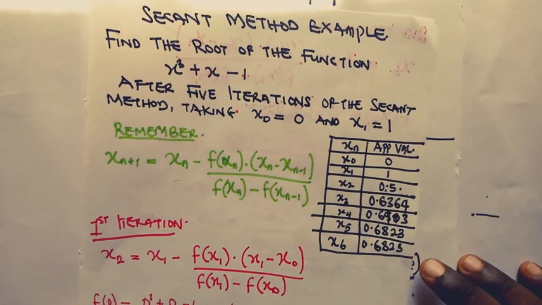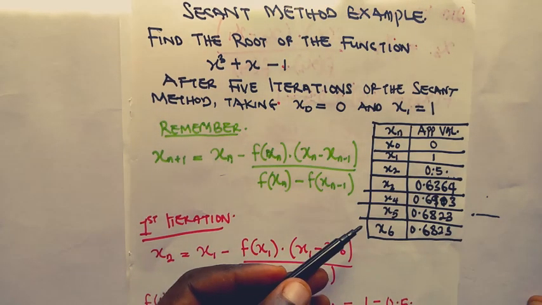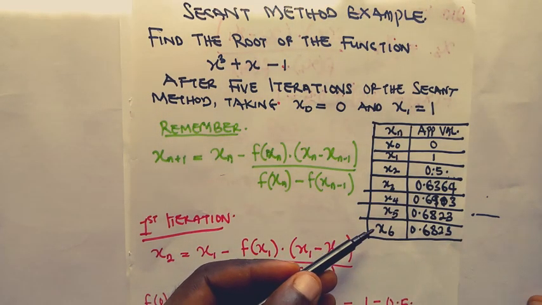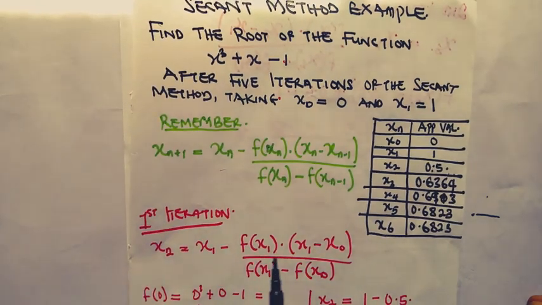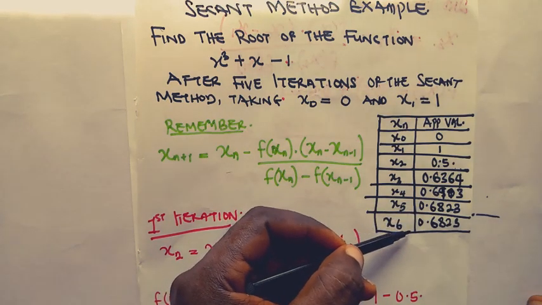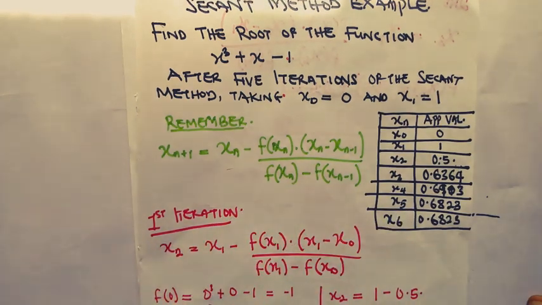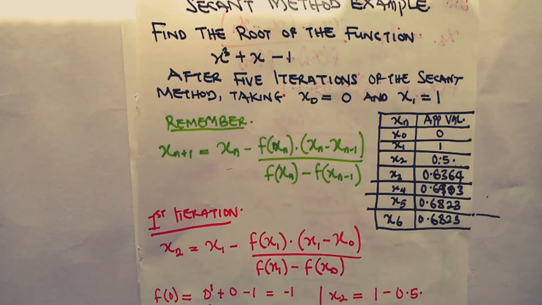So all I need you to do is to work out f of x6 yourself using this formula, and then see if you get 0.6823. And if you observe, x5 and x6 are actually the same. The value is no longer changing, and so we say we have the value has converged. So that is the secant method.